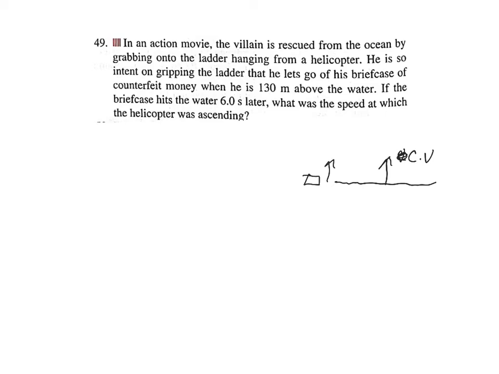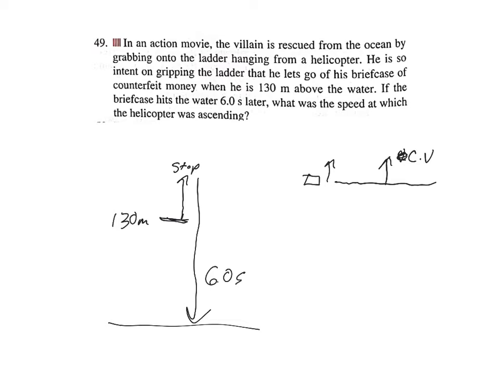So once he lets go, it's going to go up, come to a stop, and then fall down to the ground. He let go at 130 meters, so it still went higher than 130, and then it came to a stop, and then it fell through the 130 mark. The entire trip took 6 seconds.